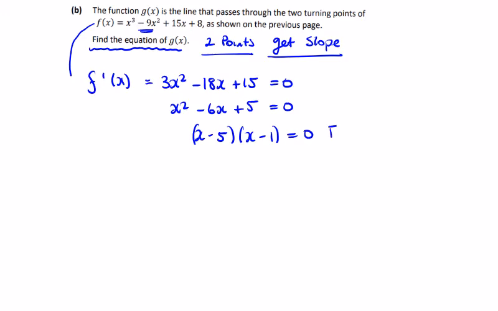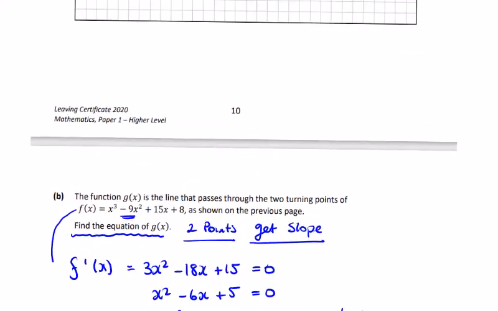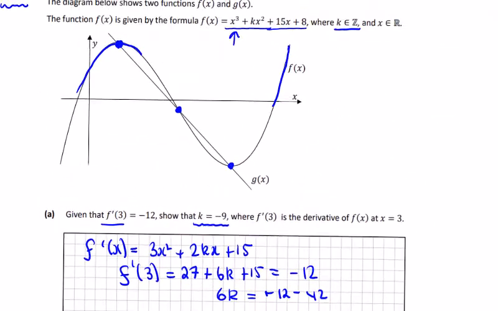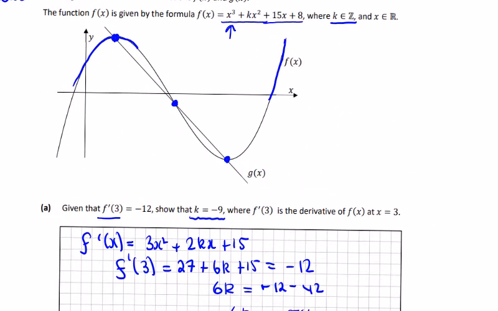These are my factors, so my roots are x equals 5 and 1. Now always go back up and double check, because you might have the signs wrong. x equals 5 and x equals 1 at the turning points. That would be my 1 and this would be my 5, so we do look like we have this to scale here.